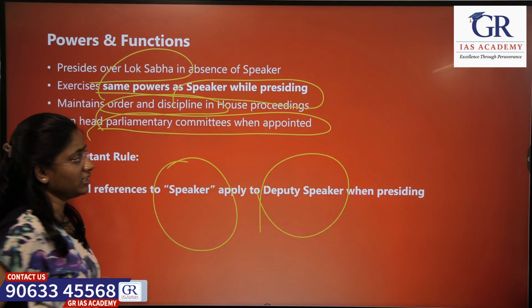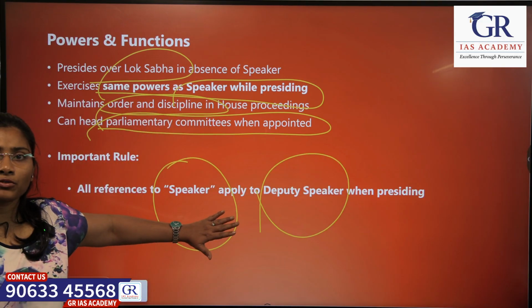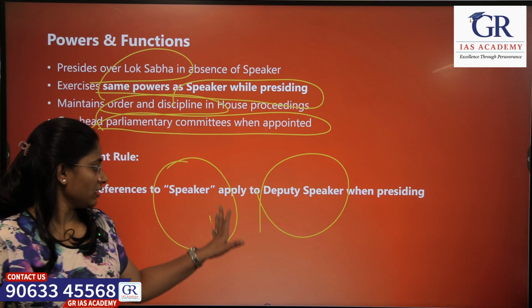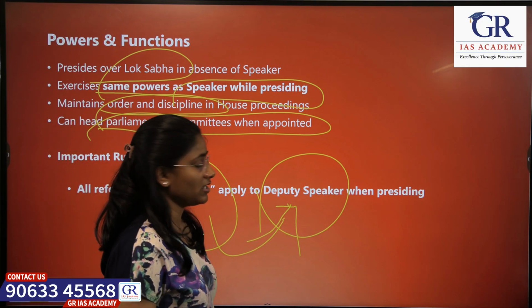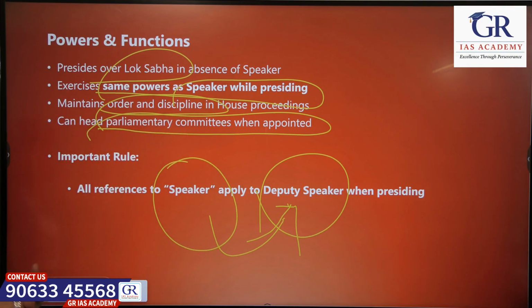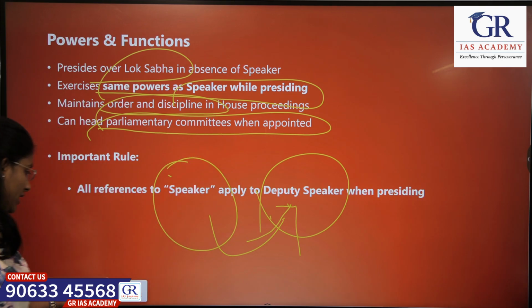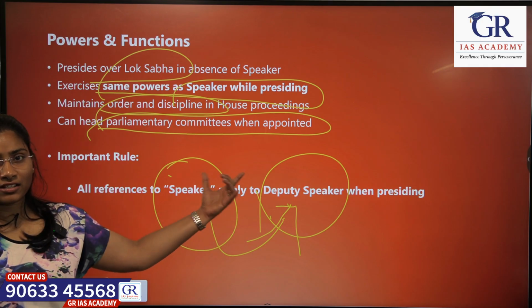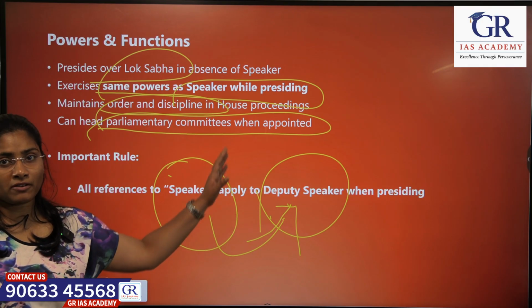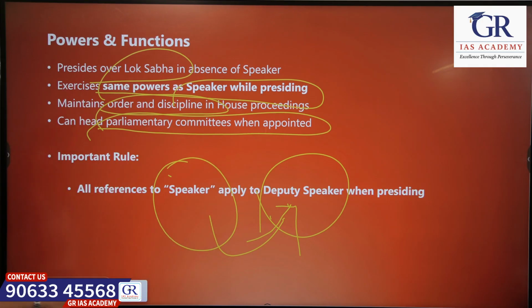Whenever he is presiding, all references to the speaker will refer to the deputy speaker. So basically the deputy speaker is called the speaker when he is presiding. He will act as the same person, so he will have the same powers and functions while presiding over the house.